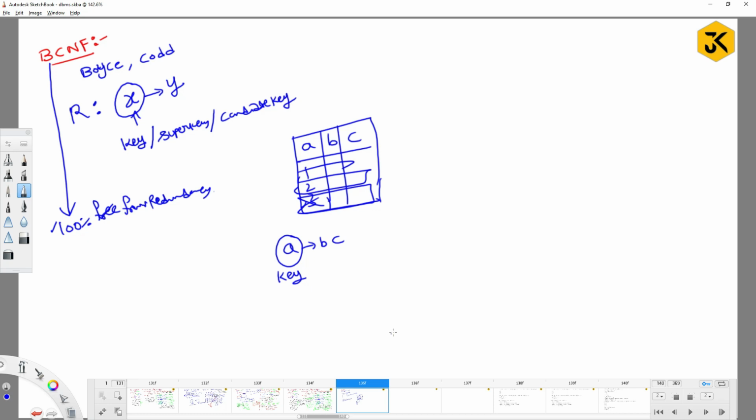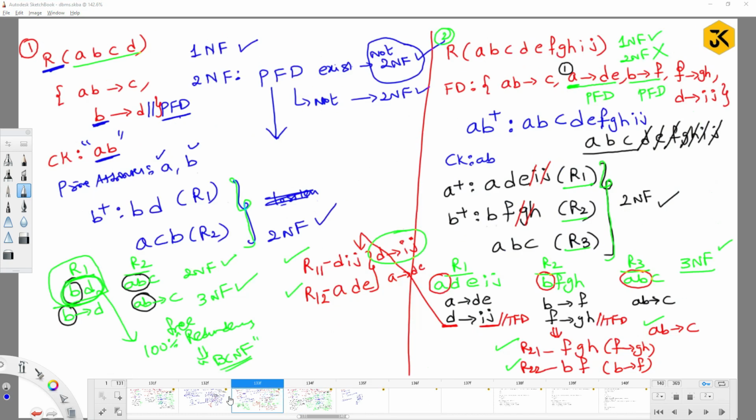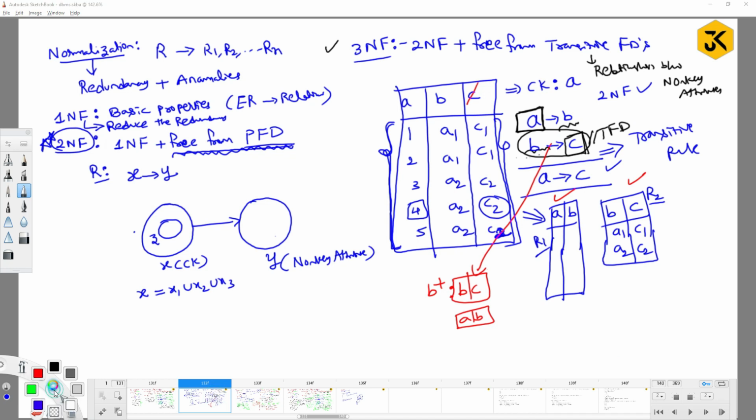Right? So if I extend the same concept to 3NF, here I have explained 3NF means it should follow the principle of 2NF and it has to be free from the transitive functional dependency.